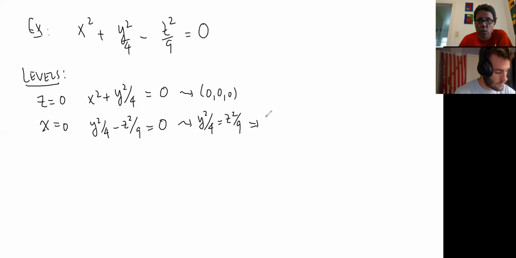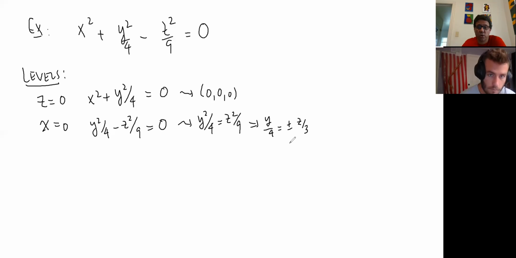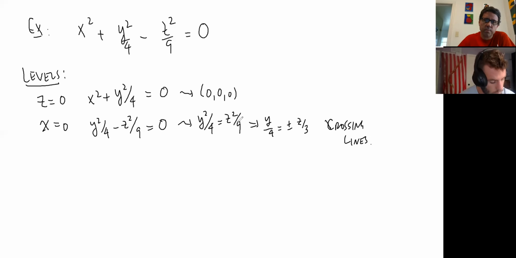I'll get y over 2 equals plus or minus z over 3, which are just lines. One of them is slanted one direction, the other is slanted the other direction. So I actually get crossing lines from this, and they're going to cross at the origin.